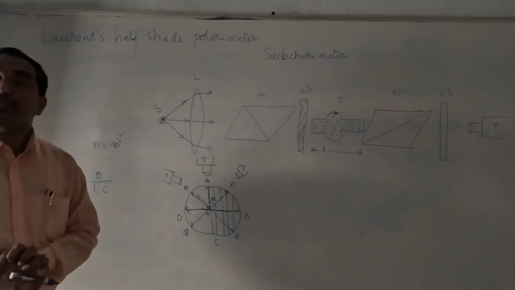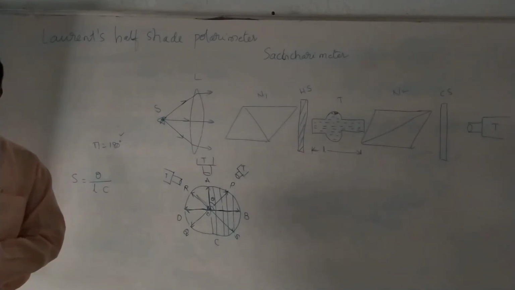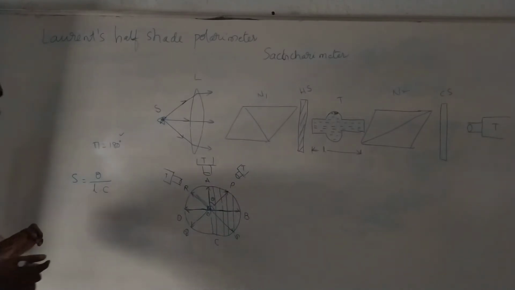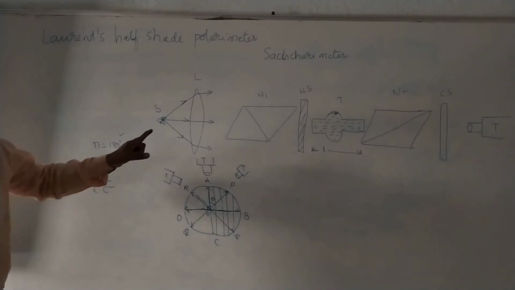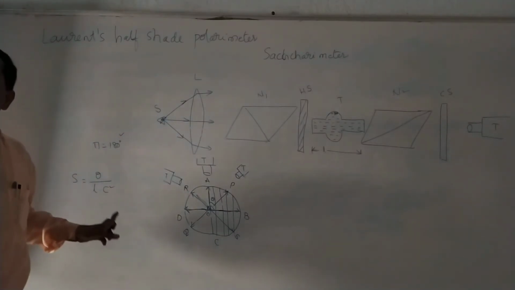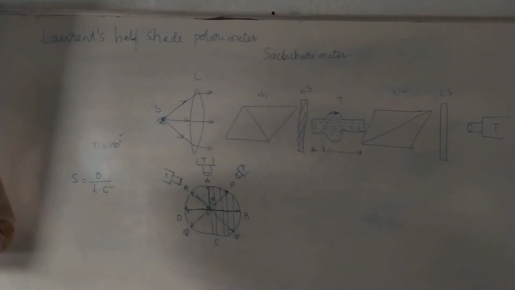Initially, we have to take a solution whose concentration is already known. So C is also known. If theta is calculated using this instrument, the specific rotation can easily be calculated using this formula.